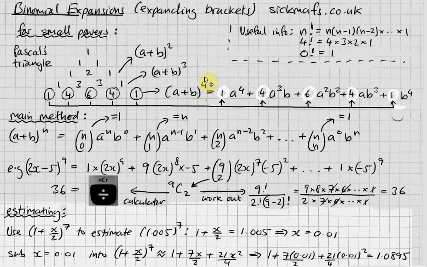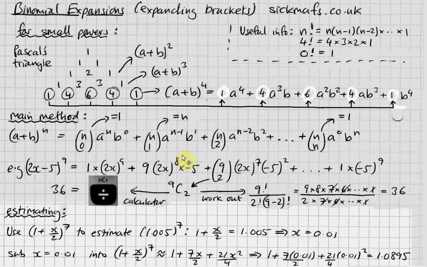So that's another important thing: the second coefficient is just going to be the power of the expansion. So it begins with 1, is symmetrical, and the second coefficient, and the second to last coefficient, is the power. That's what you have to take away from here.